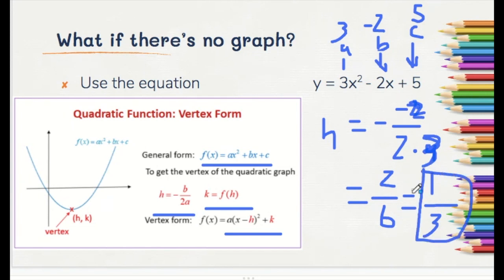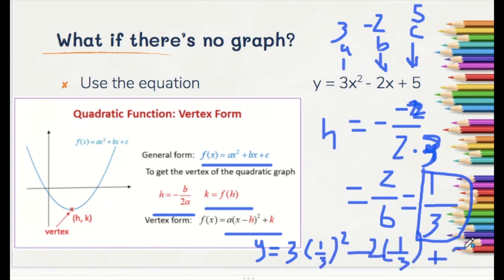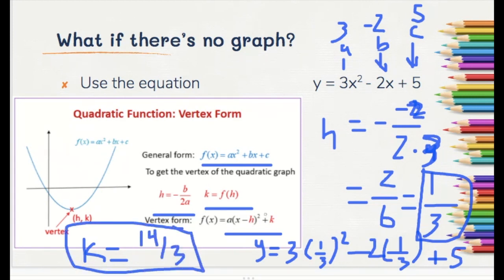We take that and we put it into the equation again to find k. So we put in 1 over 3 for x, then we use our calculators and we will find that k is equal to 4.66666, or if we wanted to write it as a fraction, k will equal 14 over 3.